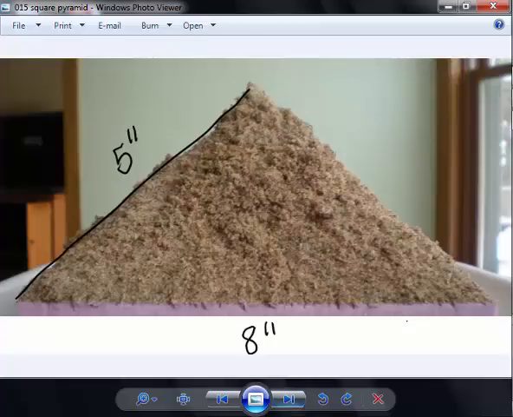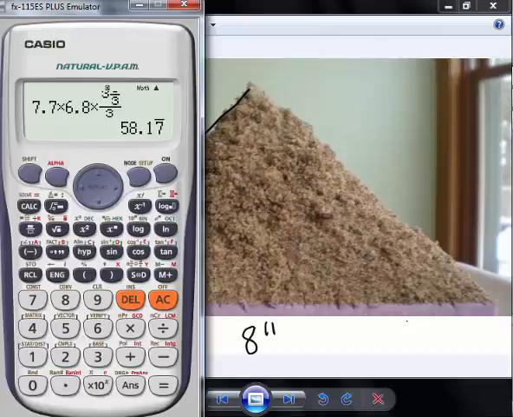Okay, so first off, if this slant height is 5 inches, and the whole length is 8 inches, we first of all need to find the height of that triangle.